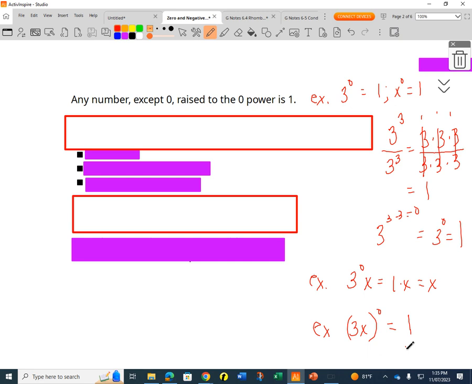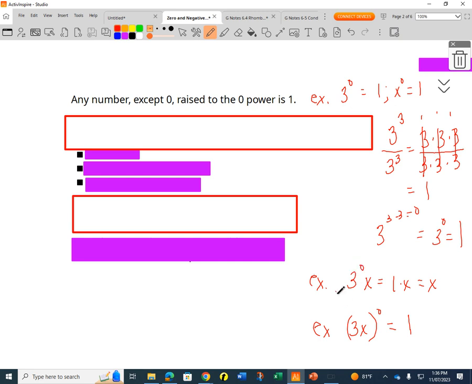So it depends on where in the expression that 0 is. The exponents only ever apply to what it's directly to the right of, right? So this 0 is directly to the right of these parentheses, and inside the parentheses is the entire expression 3 times x. Here, this 0 only applies to the 3, up and to the right of only the 3.